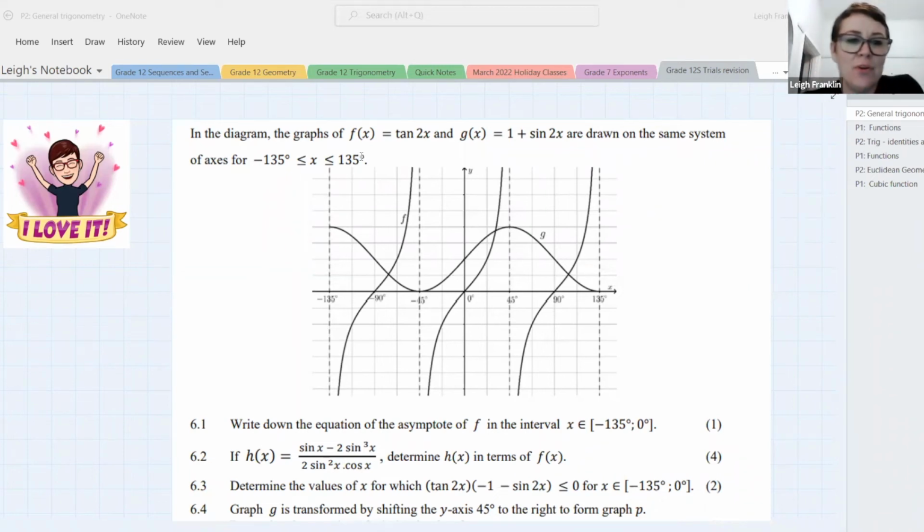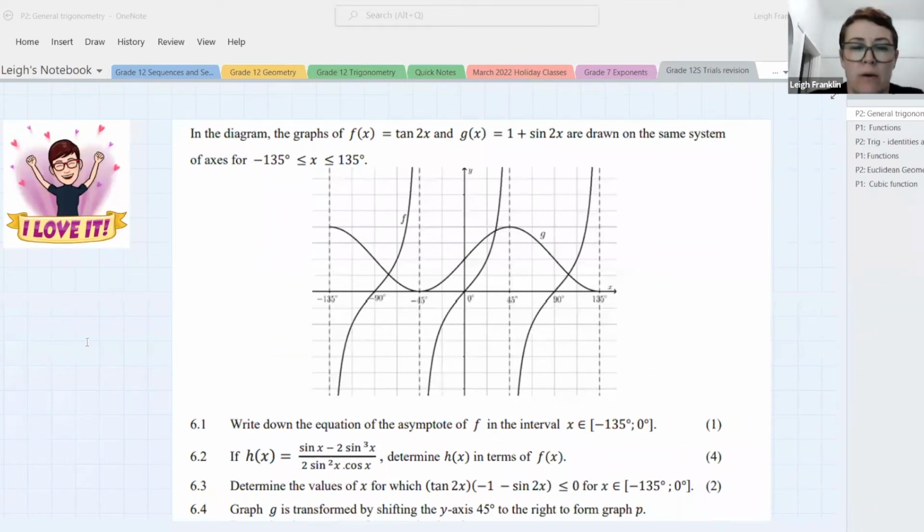In the diagram, the graphs of f of x equals tan 2x and g of x equals 1 plus sine 2x are drawn on the same system of axes for minus 135 to 135. First of all, if they say tan 2x, what's happened to our tan graph?